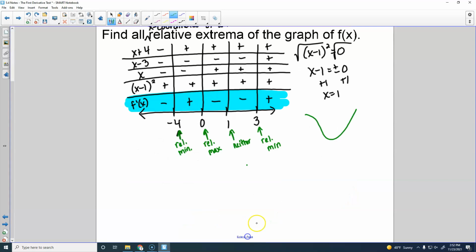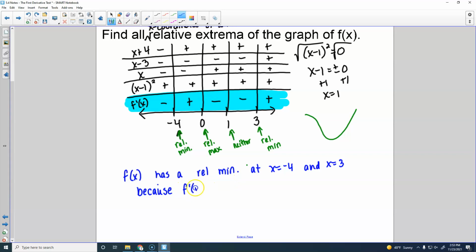Okay, so when you write your answer, you'll say f of x has a relative minimum at, in this case, you only have to give the x-coordinate, x equals -4 and x equals 3, because, and this is always your reason for relative minimums when you're using the first derivative test, f prime of x switches from negative to positive.